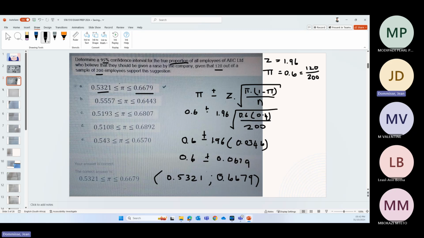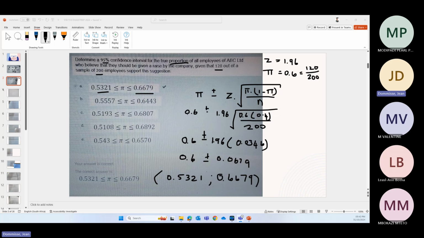Okay, so this one, they tell us the proportion. It's 120 out of the 200. Then they tell us we're working with a 95% confidence interval. So because it's 95%, we can assume that your Z is 1.96.